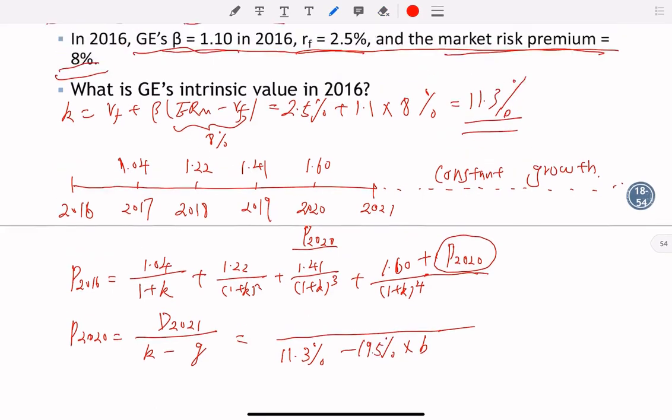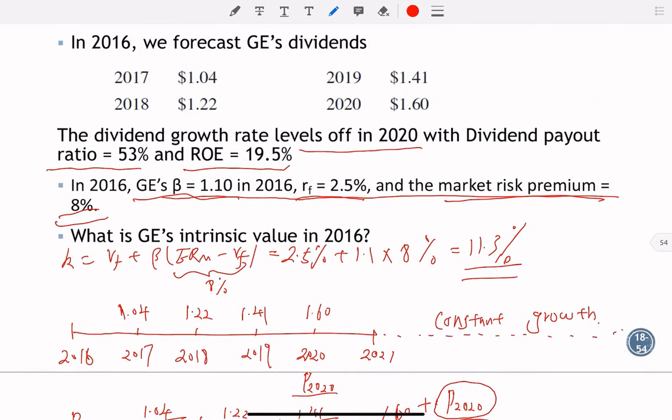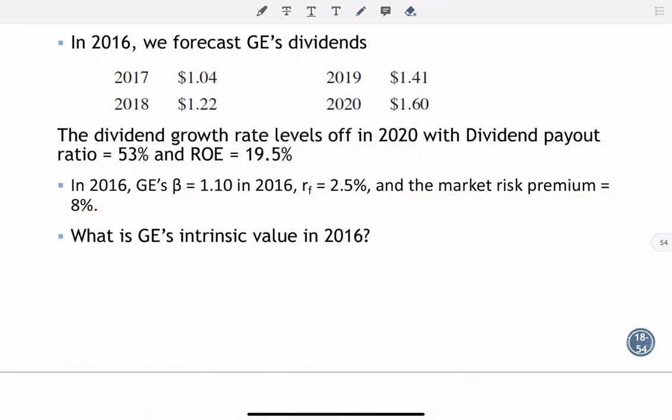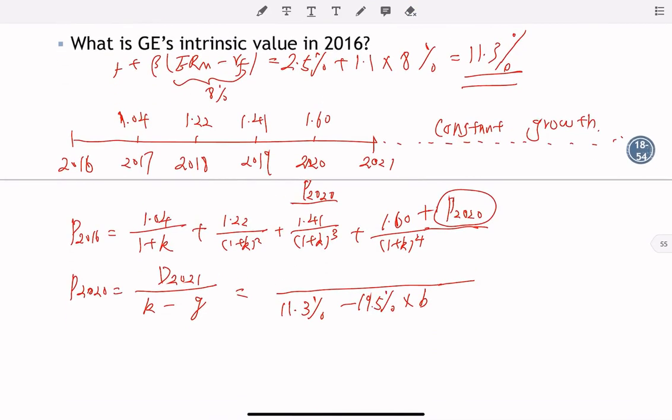We have this dividend payout ratio of 53% here, and we know that the plowback ratio equals 1 minus the dividend payout ratio. So the plowback ratio is 47%.